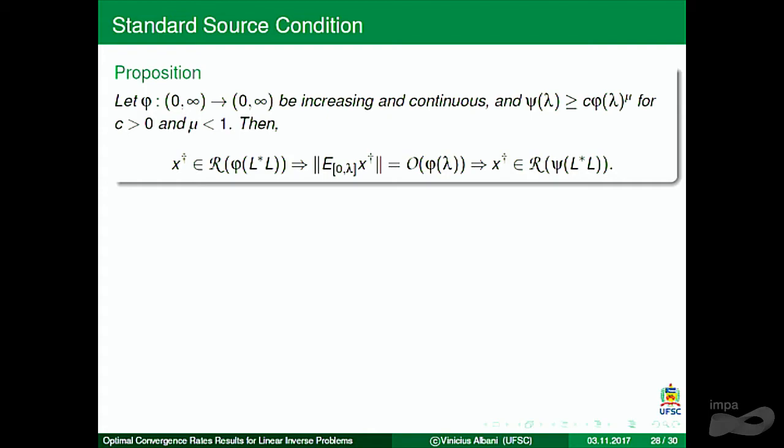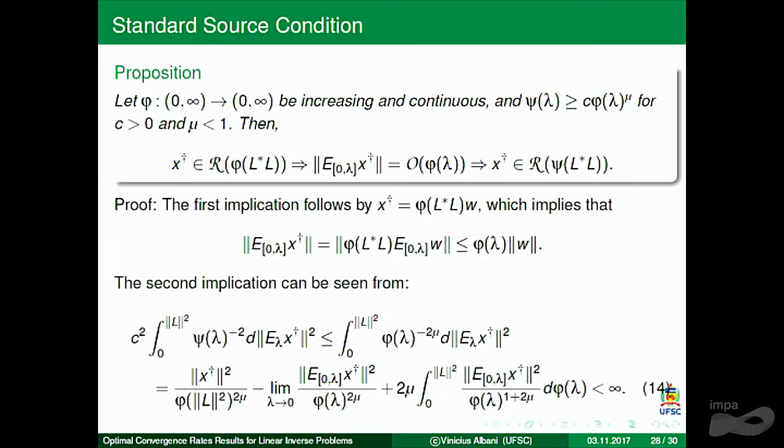But this behavior of the tail function does not imply that x dagger is inside this range. We can only prove that psi dagger is inside the range of this operator with psi. Observe that psi is slower than phi when lambda goes to 0, because it's the power mu with mu less than 1. Mu must be less than 1.